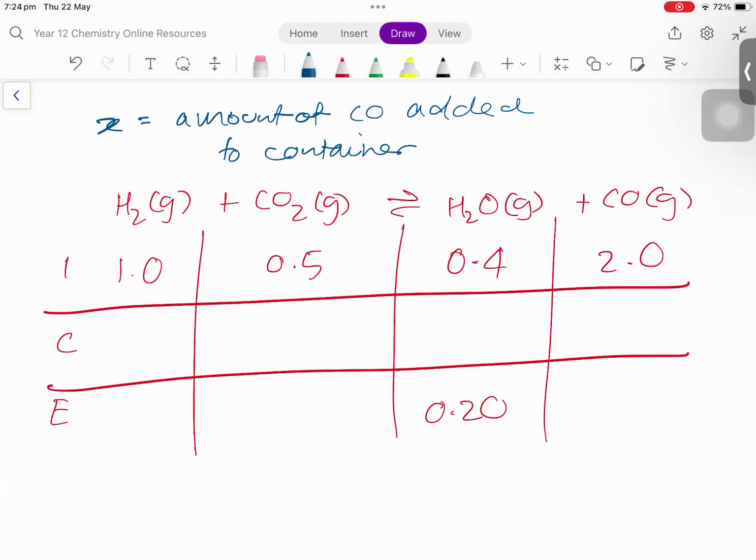X would go in the initial with the 2.0 for the CO. Can I ask, do you know why? Because it says the CO was added to the container, so a new equilibrium will be established after it's added.